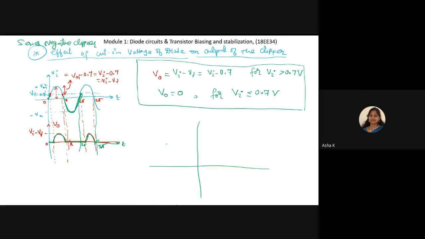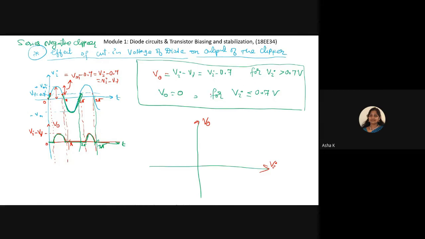For this series negative clipper circuit, assuming the knee voltage, I'm going to get the transfer characteristics curve, the variation of the output voltage by applying the input voltage V input, that is V output is equal to Vi minus 0.7.